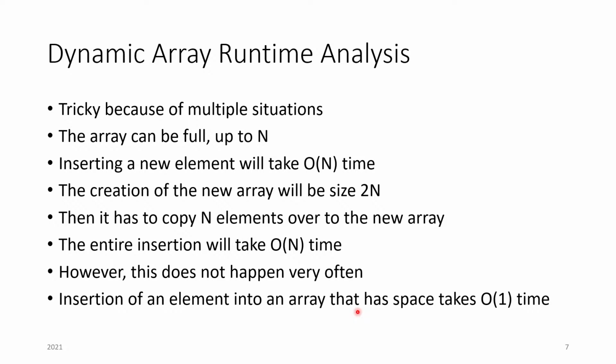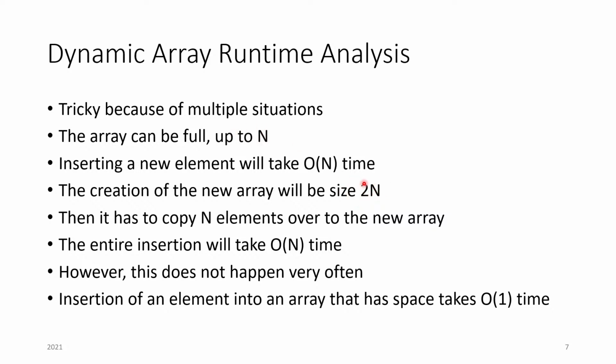Now, this is tricky because we don't know in certain cases if the array was full. So if the array was full, up to n items, for each insertion of an element into the new array, that's going to take O of 1 time. We also know that when we create the new array, it's going to be twice the original size.